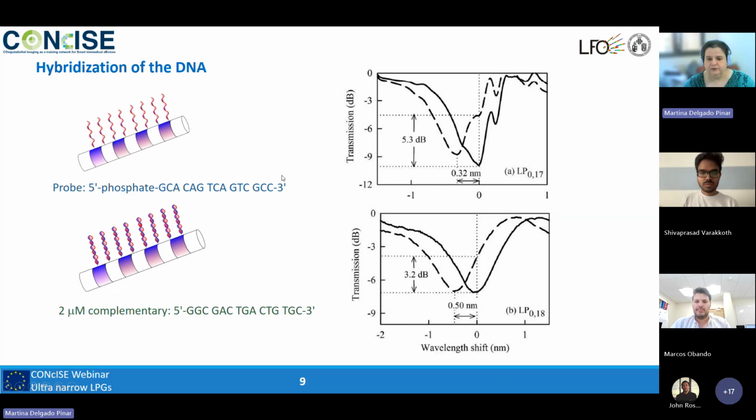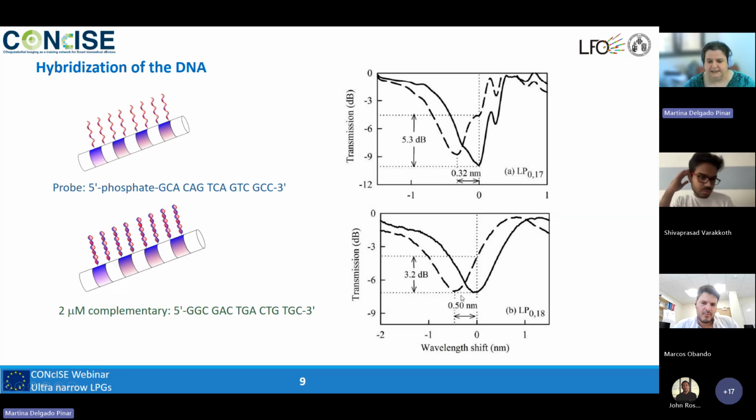So what we are going to do is to read the wavelength shift of this resonant peak, and then quantify the concentration of the second strand that we are going to put in our sample. What we are going to detect is when both strands roll together, and here you can see in the down right figure that we have a half a nanometer shift when this happens.